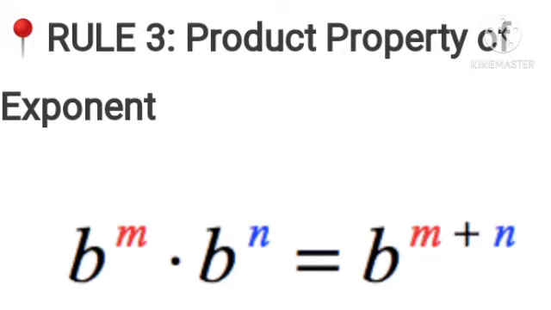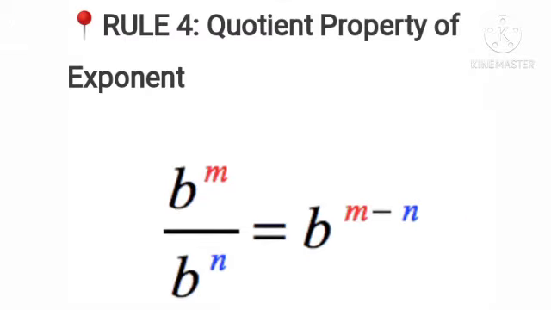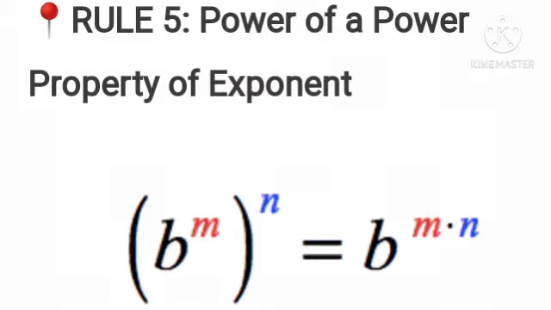B power m into b power n is equal to b power m plus n for any non-zero integer b and whole number m and n. Quotient property of exponent. B power m by b power n is equal to b power m minus n. Power of a power property of exponent. B power m the whole power n is equal to b power m into n.